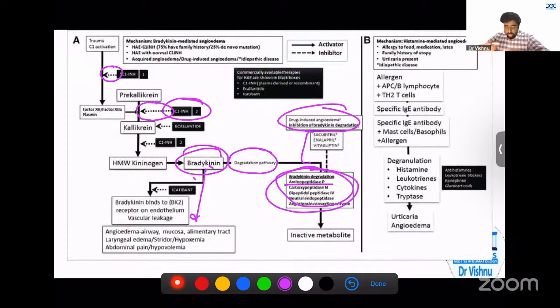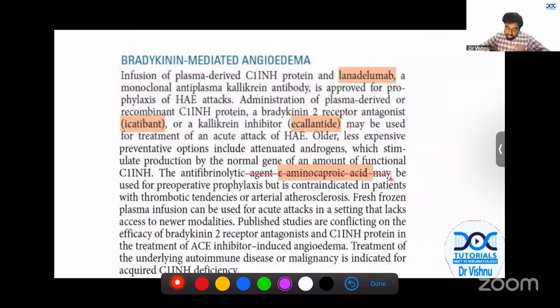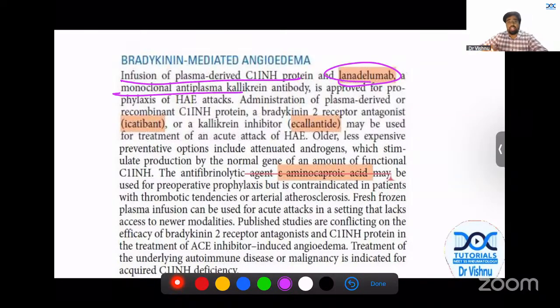So what do you do when there is C1 esterase inhibitor deficiency, right? You can give an infusion of C1 esterase inhibitor directly, or a monoclonal anti-plasma kallikrein antibody. That is basically lanadelumab. That is one option. Then you have two other options which are a little bit older than lanadelumab and recombinant C1 esterase inhibitor.